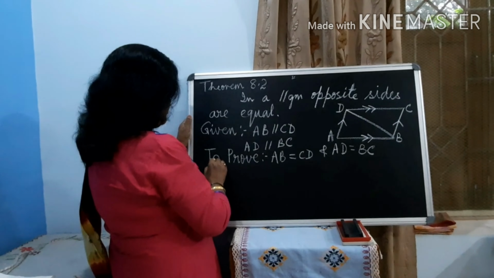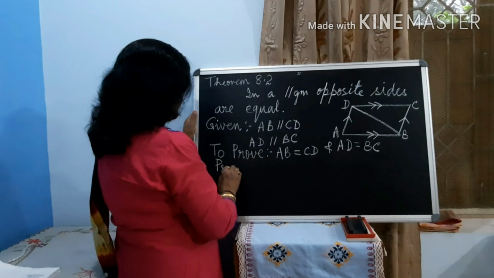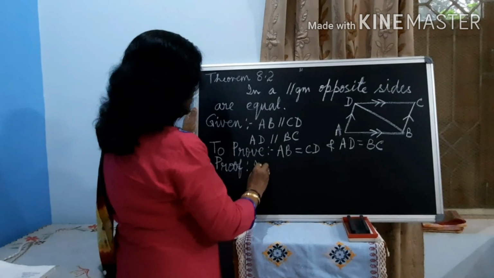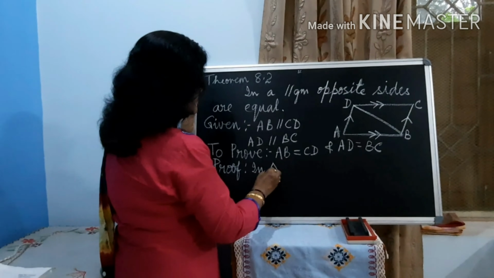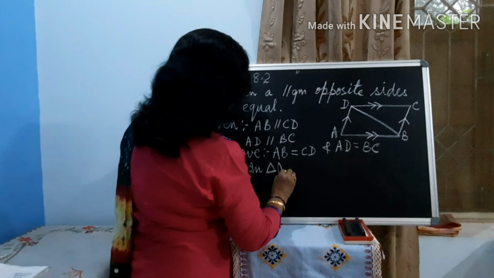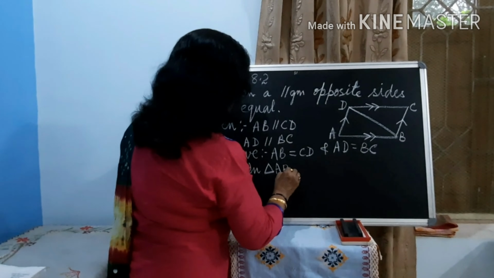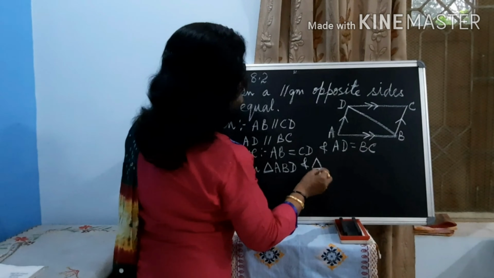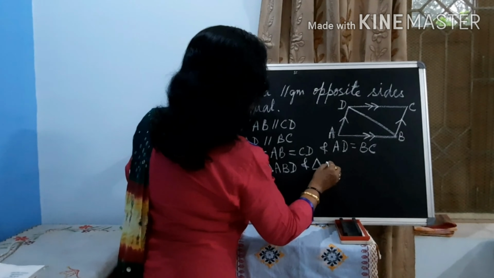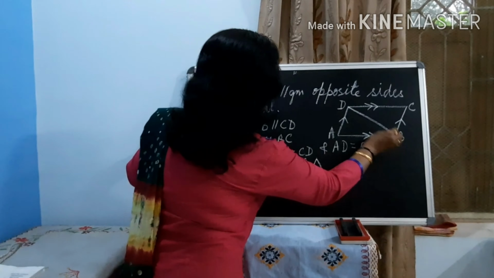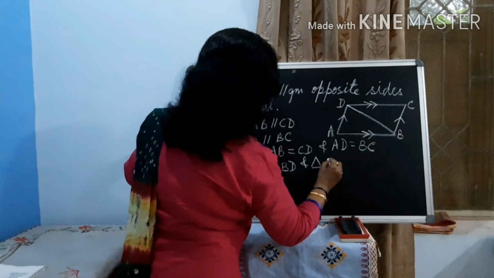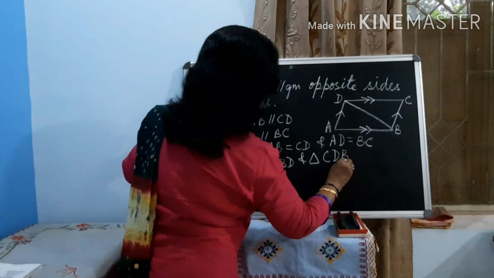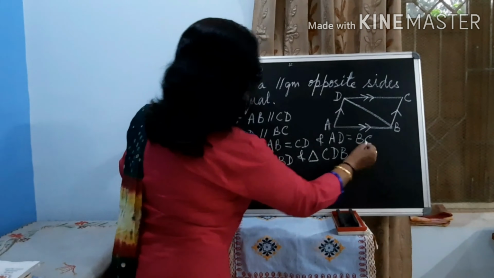Now, let's start the proof. In triangle ABD and triangle CDB. What do we get?